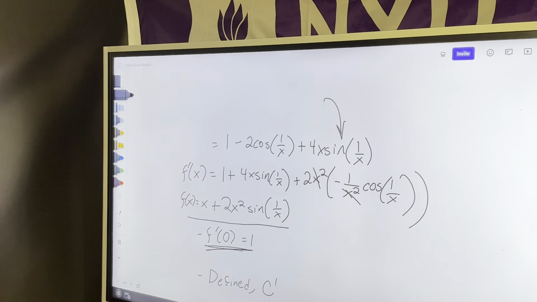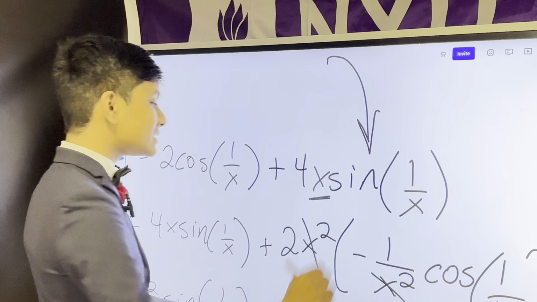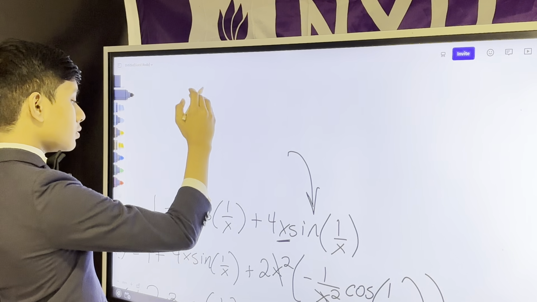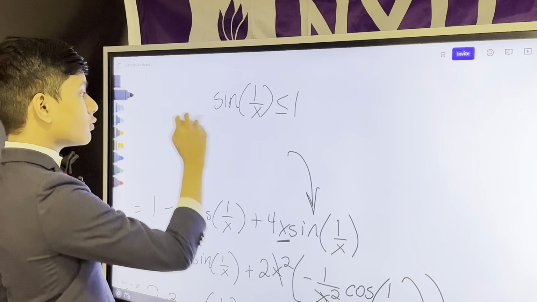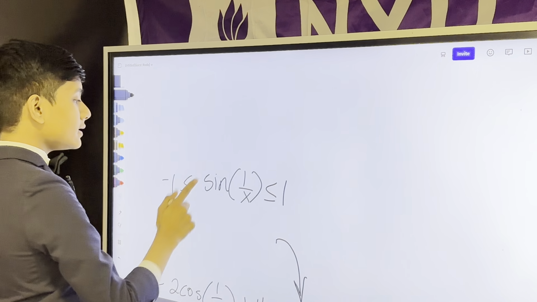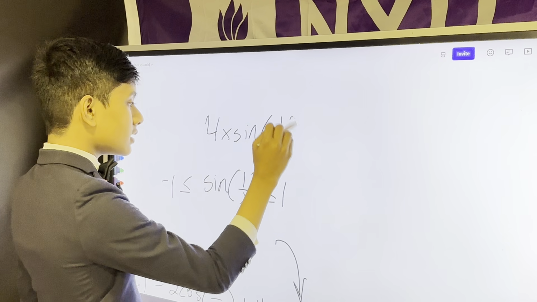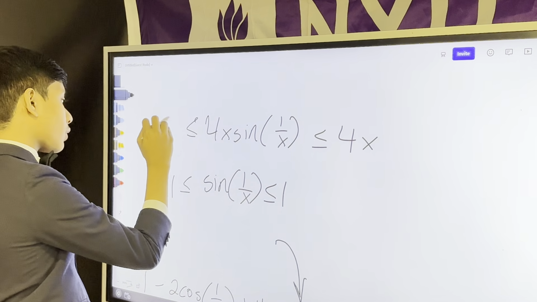But we can bound it, right? I mean, just think about it. This x helps so much. Why? Because we know sine of 1 over x is always between 1 and negative 1. Hence, 4x sine of 1 over x is always between 4x and negative 4x.